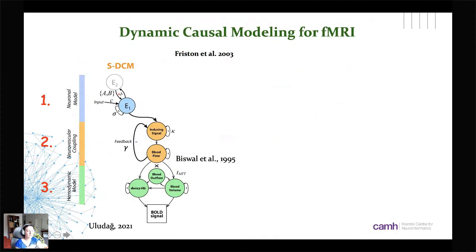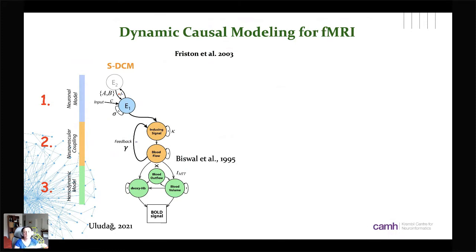Actually, it's important to note that the hemodynamic model that was incorporated in DCM by Karl Friston in 2003 did reflect the existing literature.